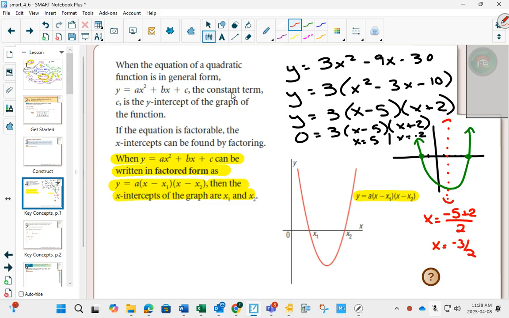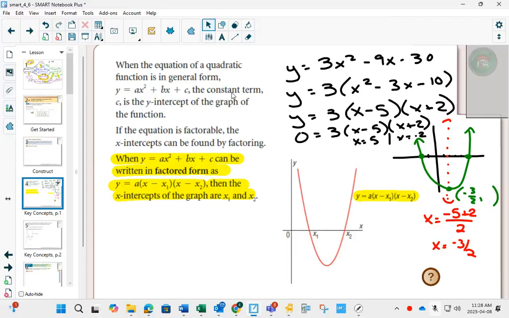And you could find that the axis of symmetry is x equals -3/2, which would also tell you that you know the x-coordinate of your vertex. You could find the y-coordinate of your vertex by just taking that number and plugging it into your equation, either into the general form or into the factored form. You could choose. And then you'd find your y-coordinate.